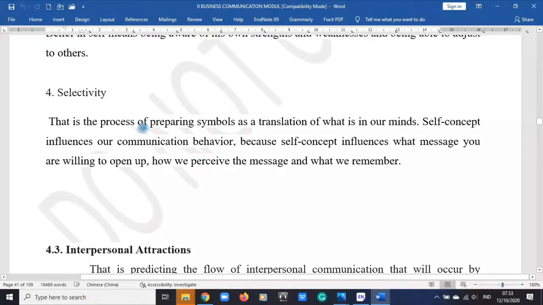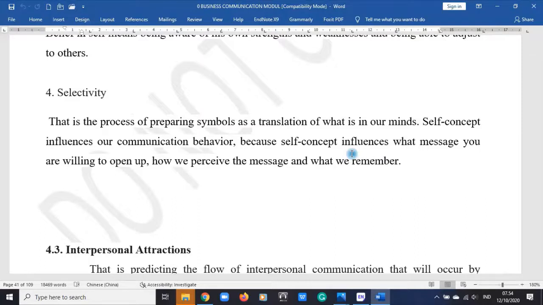The next part is selectivity. This is the process of preparing symbols as a translation of what is in your mind. Self-concept influences our communication behavior because it influences what messages you are willing to open up to, how we perceive the message, and what we remember. So we must select; this is the activity inside our mind.